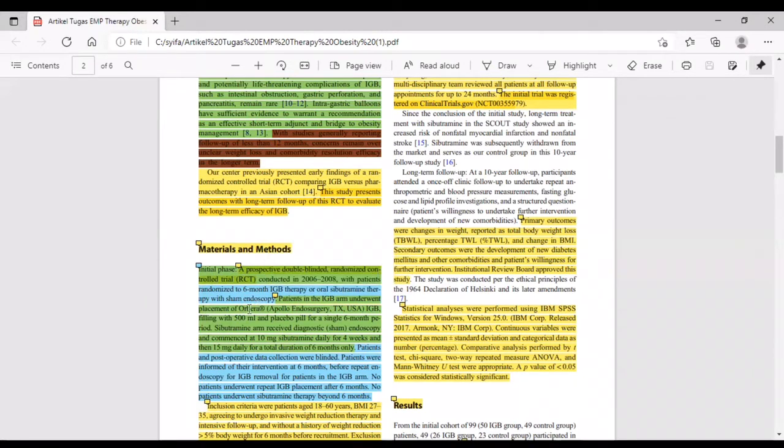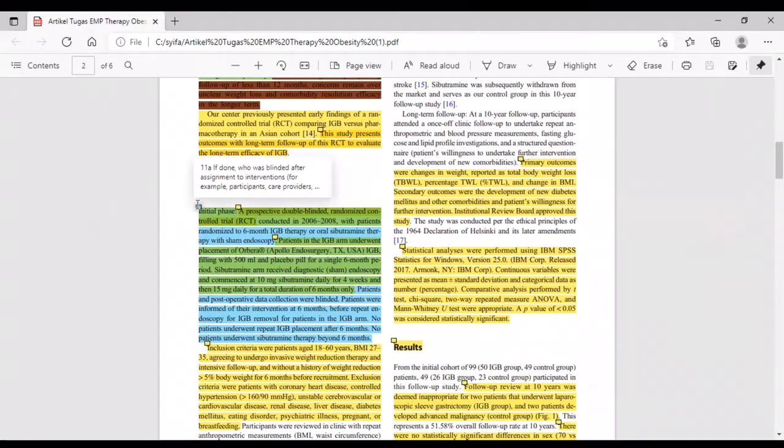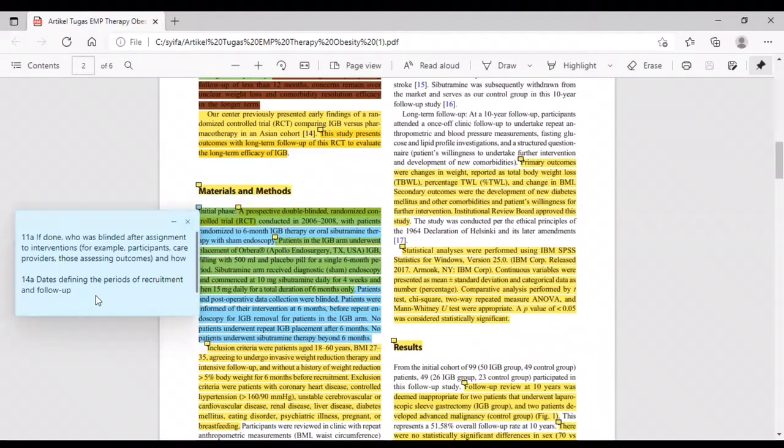And this paragraph also contains checklist number 14A, which is defining the periods of recruitment and follow-up.